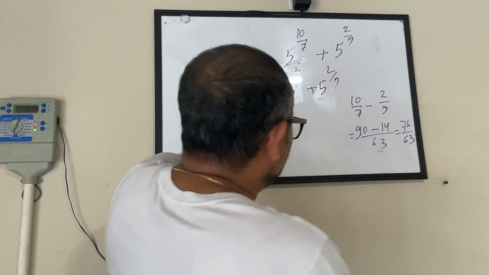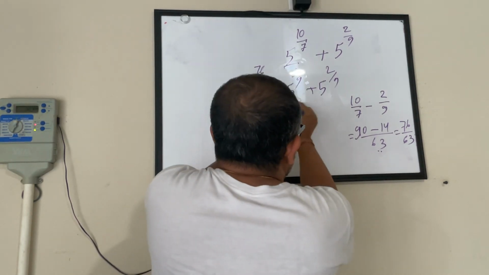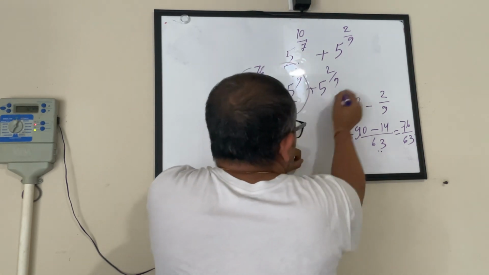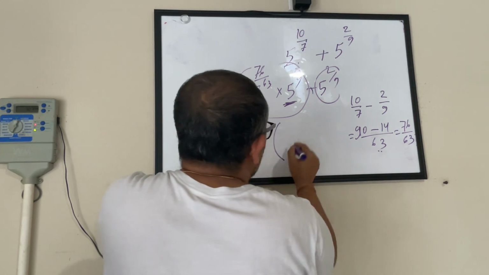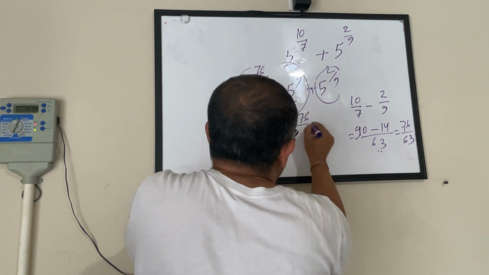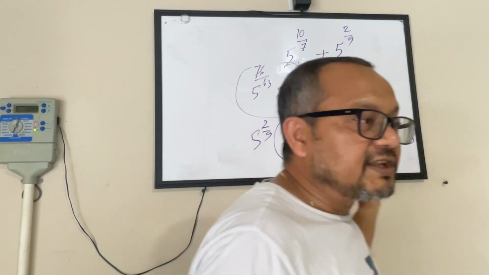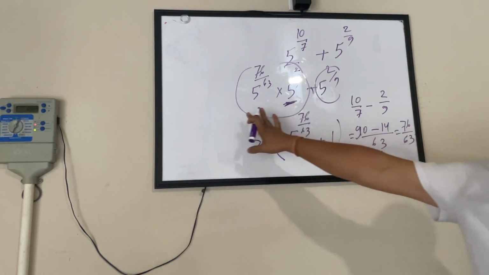So I have one thing which is common between both the terms. I can take this out as common, and this becomes 5 to the power 2 by 9 into 5 to the power 76 by 63 plus 1. So that is the reason why I was subtracting the powers, to find out how to break it down.